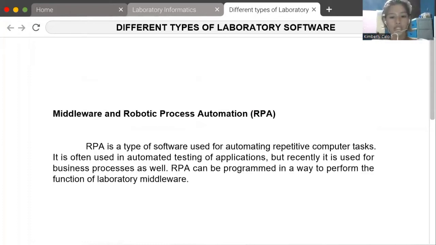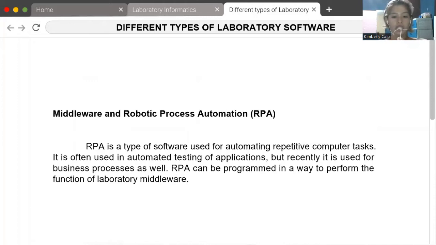Middleware and Robotic Process Automation, or RPA. RPA is a type of software used for automating repetitive computer tasks. It is often used in automated testing of applications, but recently it is used for business processes as well.